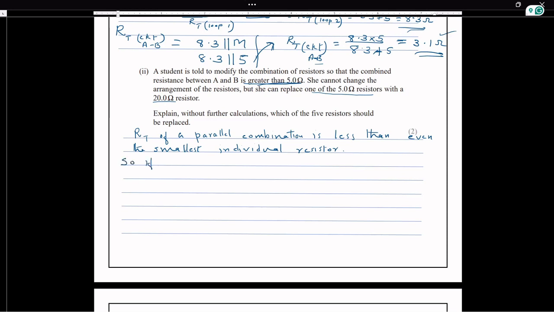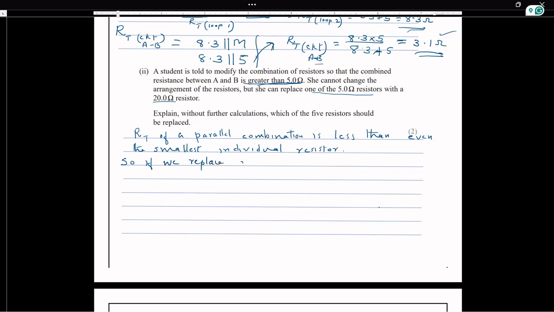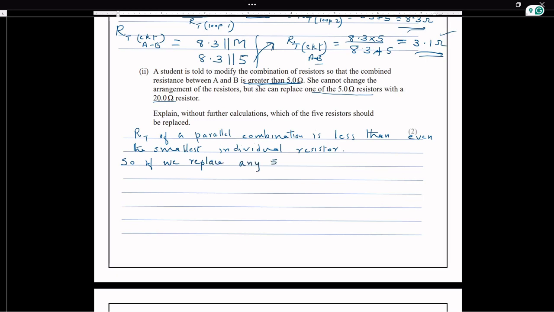So if we replace any 5 ohm with the 20 ohm resistor in loop 1 or loop 2, the total value of these two loops will further decrease.